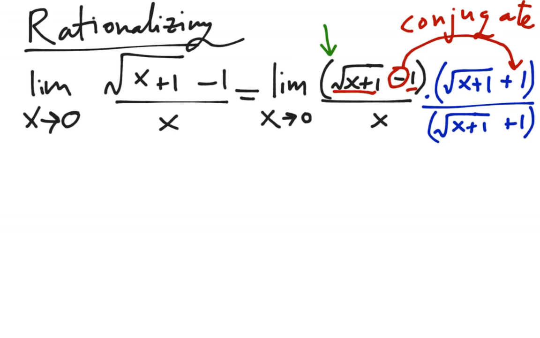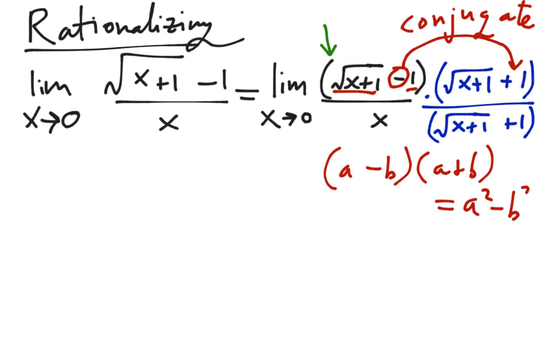And now we're going to multiply out the top. And if you notice, when we multiply out the top, it's going to be a difference of squares because we have something of the form a minus b times a plus b. And if you remember from algebra, that's going to give us a squared minus b squared. So let's go ahead and multiply this out. Here's what we'll get. Limit as x approaches 0.